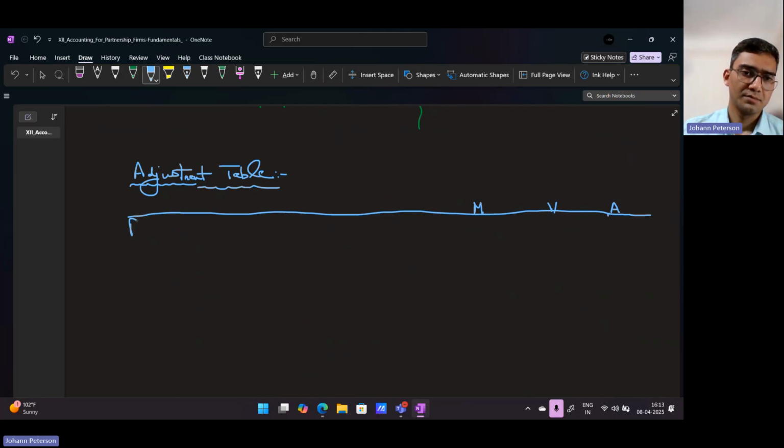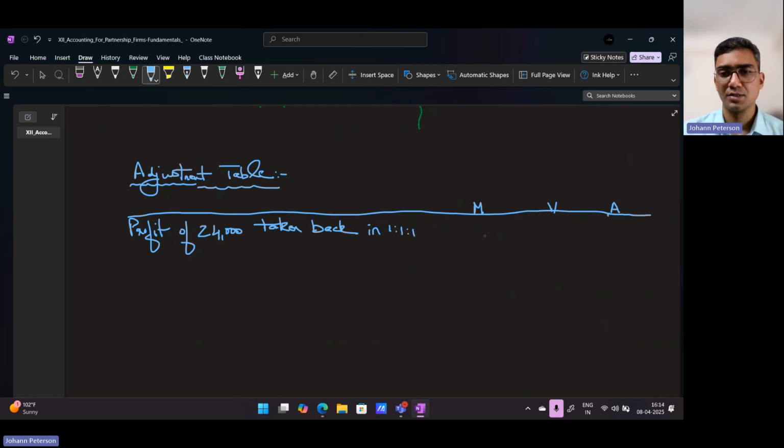So profit of 24,000 taken back in 1:1:1. So that became debit. We will write 8,000, 8,000, and 8,000.